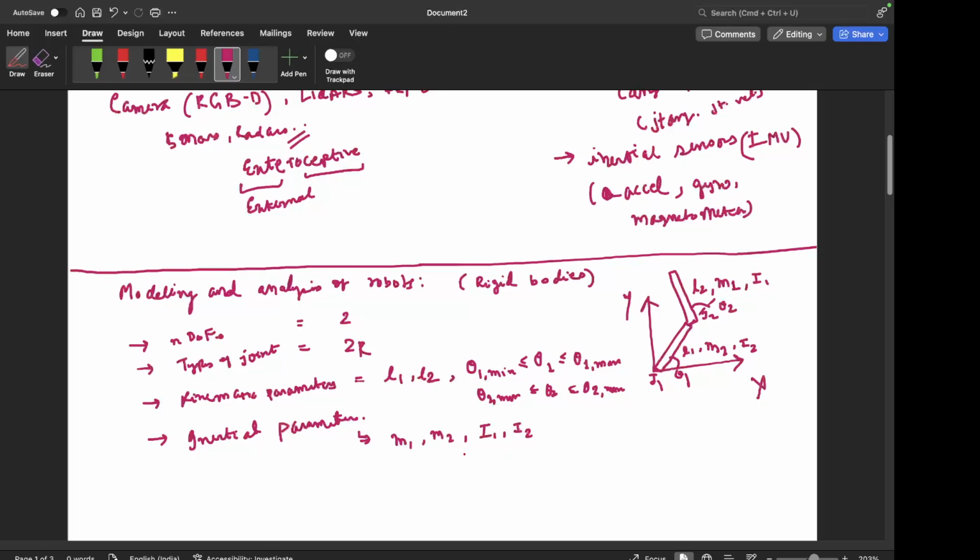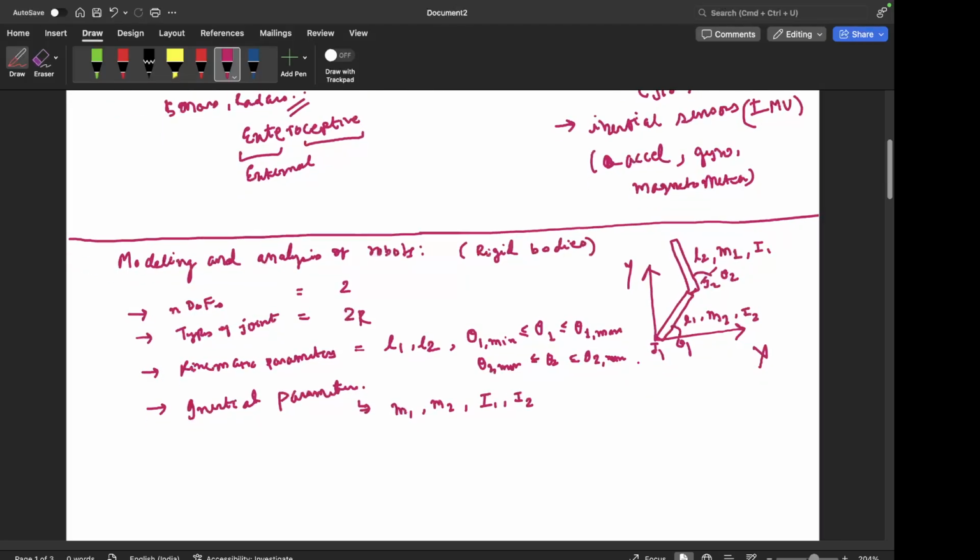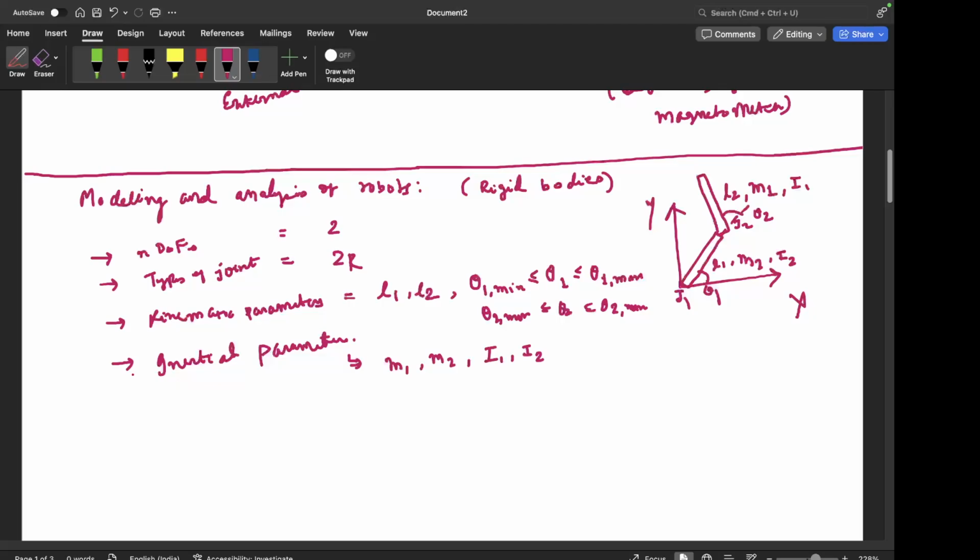For now, for simplicity, I am considering the joints as frictionless, so I'm not considering stiffness or damping in the joints. But for real systems, that's also something we need to model if we want to make the model more accurate.